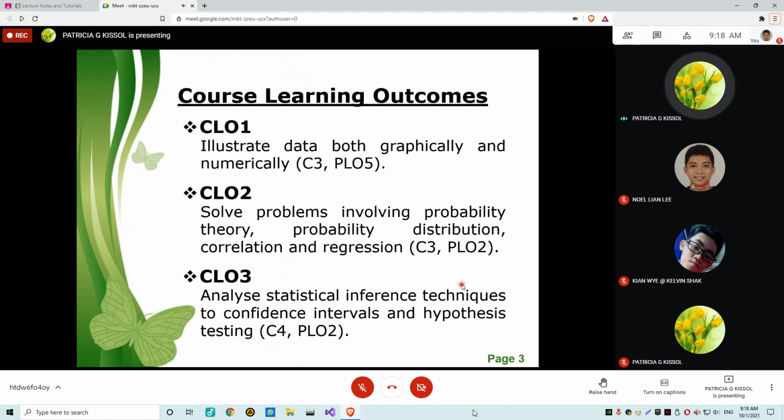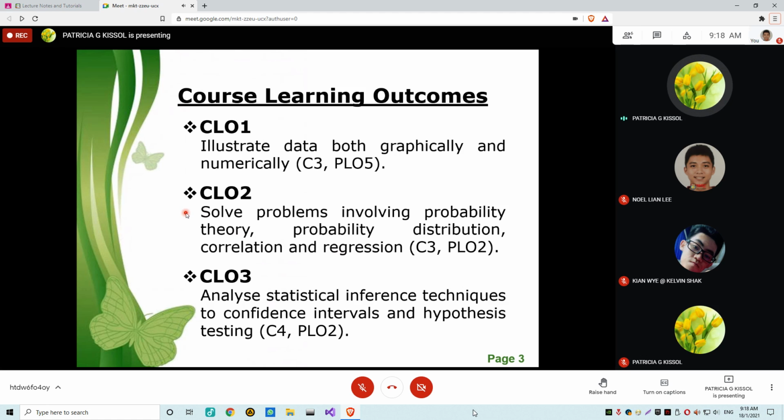This is based on your prior knowledge during high school and even in your diploma or foundation studies, that you should be able to draw data presented in a graph. Yeah, so that is the first learning outcome that is intended for you after you complete this course.